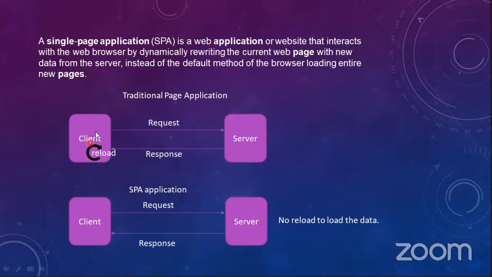In the traditional days, the client used to request the server. This is how it happens in the background. When we hit google.com from Chrome, in the background the browser sends a request to the server to get the page, the website, the web application.